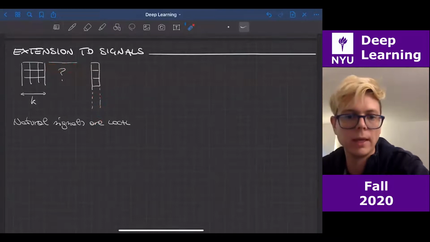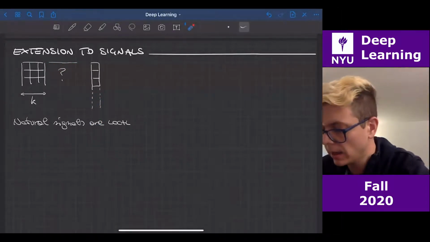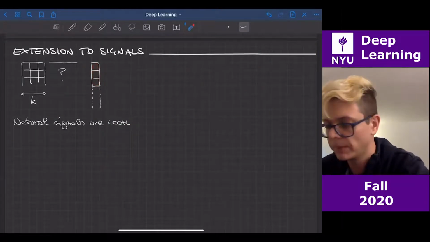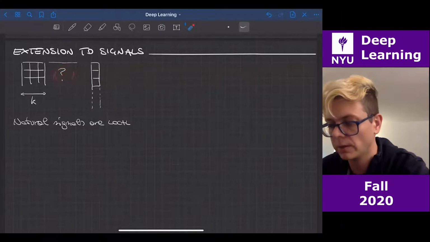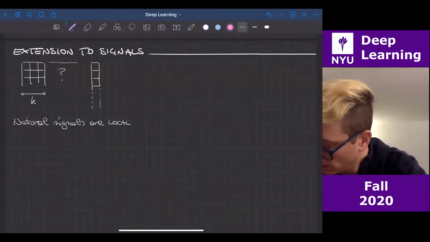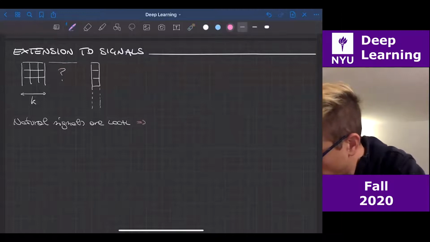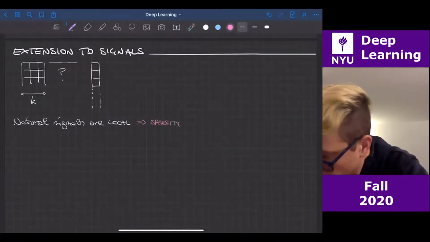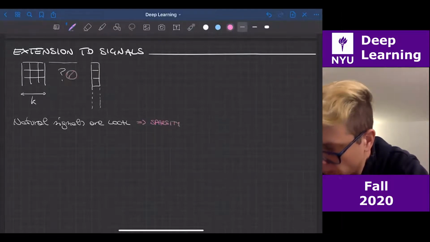Well, I don't want to take care of them, because I know that my signal will only have something meaningful within a small region. So we'll put a big 0 over here, and so locality gives me sparsity. So here I'm going to put a big 0, okay?